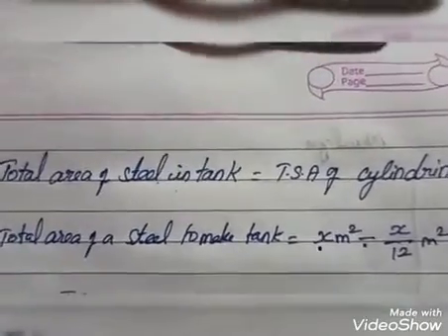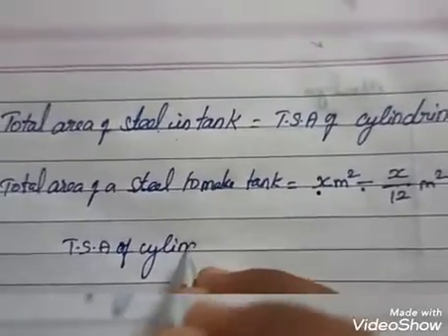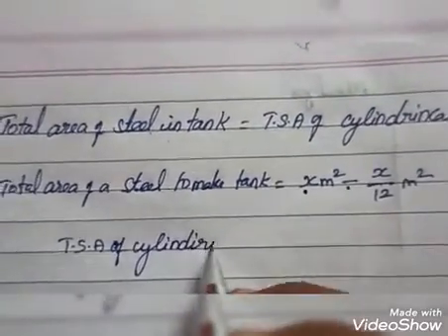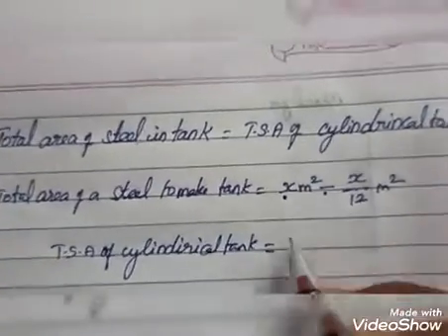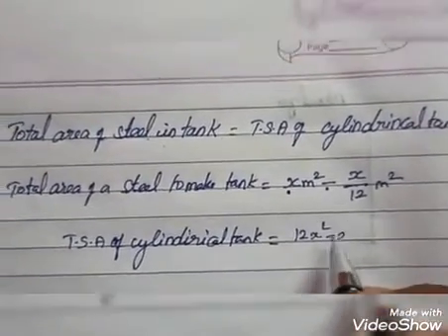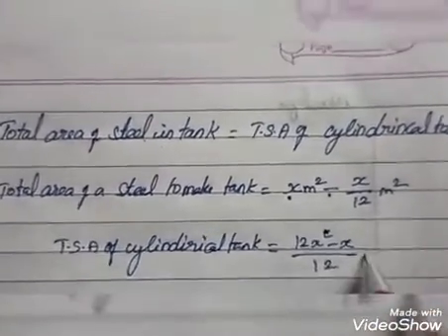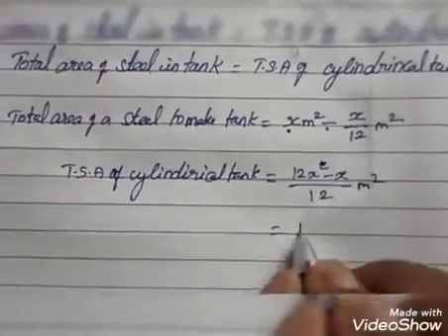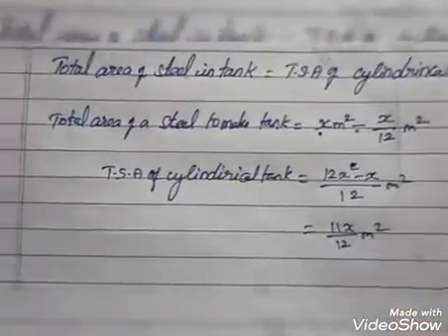So total surface area of cylindrical tank, which is equal to 12x minus x divided by 12 meter square, which is equal to 11x divided by 12 meter square.